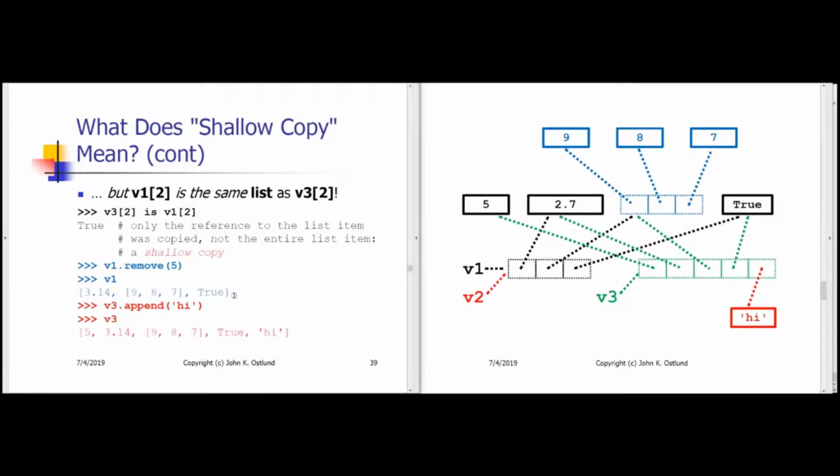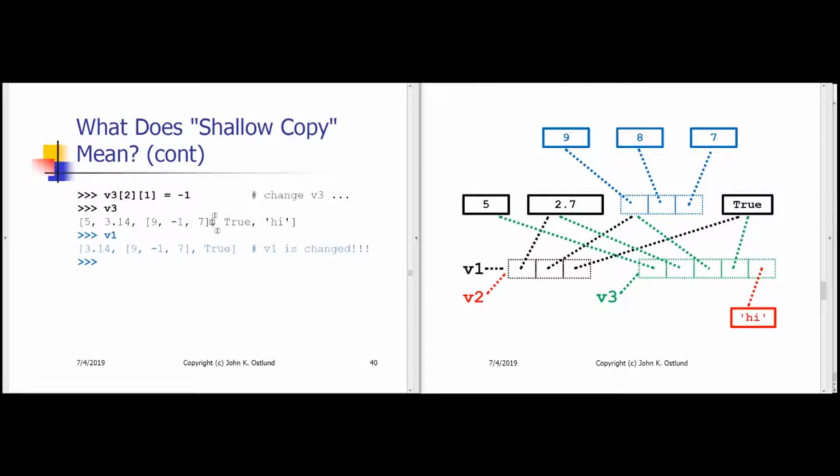But if I say v3 sub 2 sub 1 gets -1, v3 sub 2 is this reference, sub 1 is this reference, and I'm changing that to a -1.